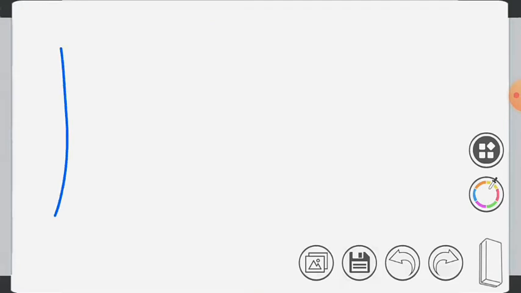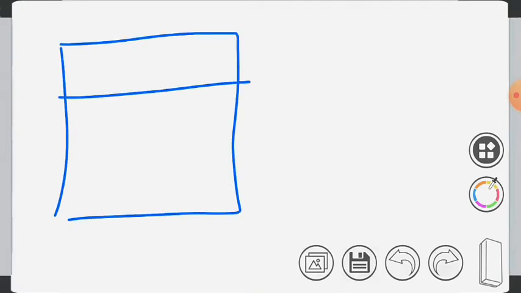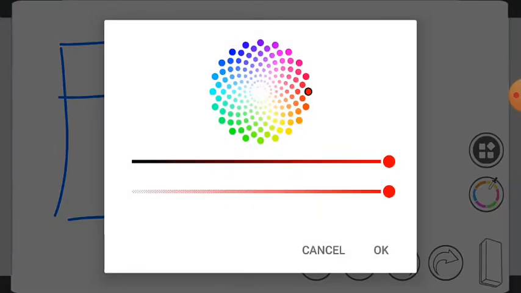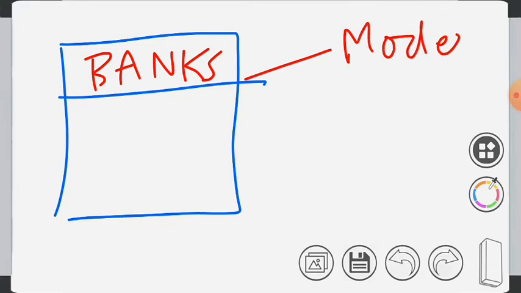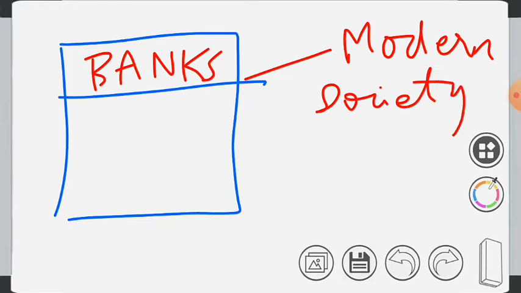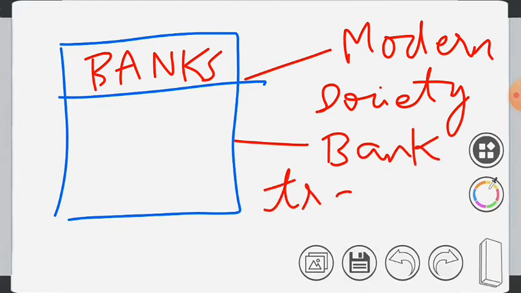Well, banks have been an essential part of modern society. Big business houses also prefer bank transactions since they are safer than cash transactions.